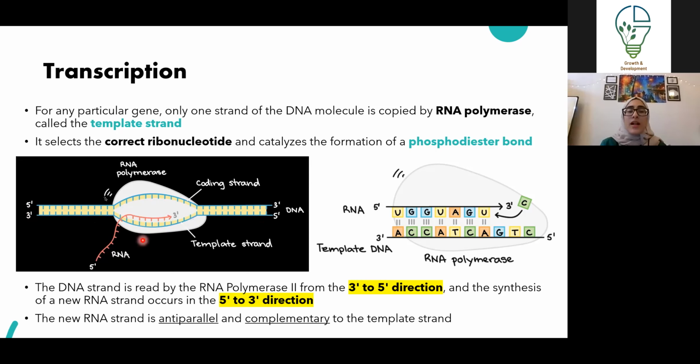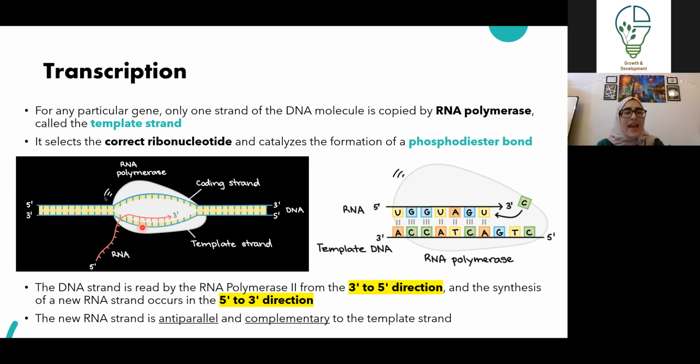Now, if your RNA polymerase is binding here and moving in that direction, it is reading the template strand starting from the 3' end towards the 5' end, right? So RNA polymerase reads the template strand from the 3' end towards the 5' end. This point is very important to remember. So the polymerase is reading it from 3' to 5'.